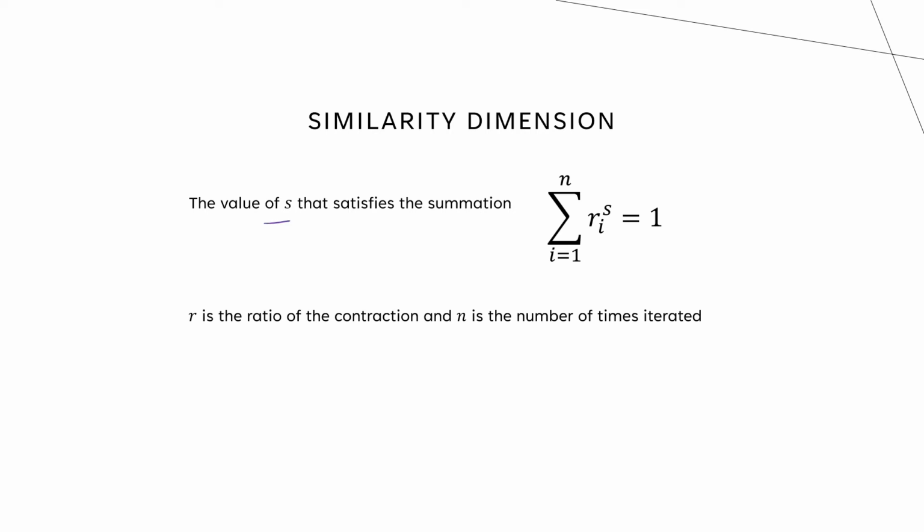The value of S satisfying this equation here, so this exponent that satisfies this equation, is going to be the similarity dimension. So that is going to be related to the Hausdorff dimension, and it's the similarity dimension. The similarity dimension is the same as what's called the box dimension and the Hausdorff dimension.